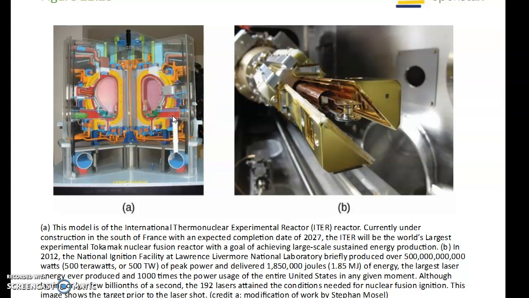Okay, and it uses these lasers that pump energy into that, and they're lasting only a few billionths of a second right now. Okay, so it's not self-sustaining at this time, and it's only a laboratory way of doing it.